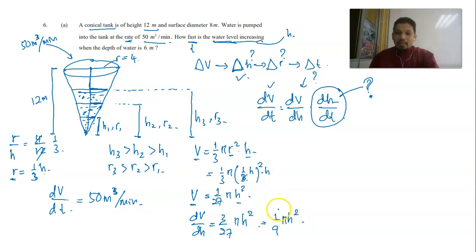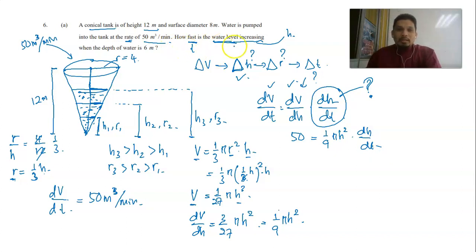So this is the one that we're going to substitute here. Okay, so then dV/dt equal to 50 meter cubed per minute, and dV/dh is 1 over 9 pi h squared dh/dt.